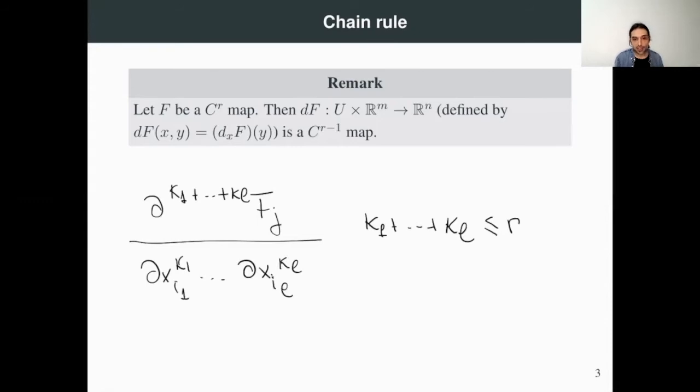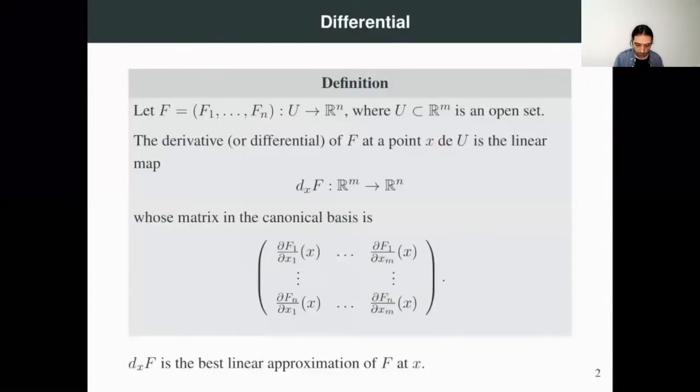But what you can see is that when we consider the differential, for instance, from the matrix point of view, here we have that the entries of the matrix are themselves already derivatives.